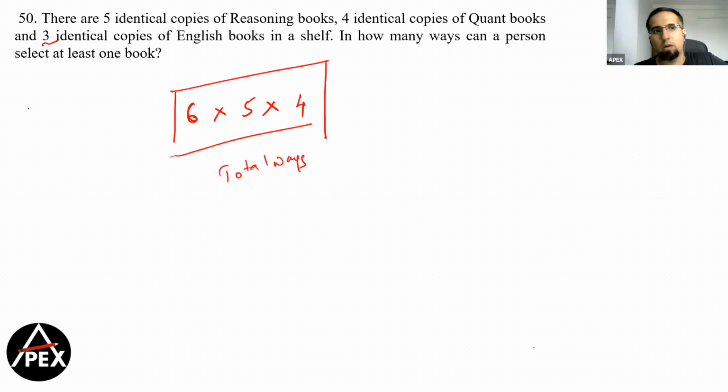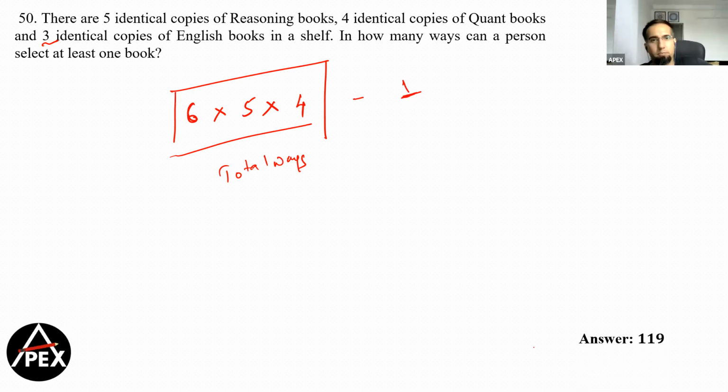And out of 4 quant books, the total number of ways of picking any number of books is 5. And out of 3 identical English books, picking any number is 4. This is my total number of ways. And the question says at least one book. So from here, I am excluding the case where I'm selecting no book.